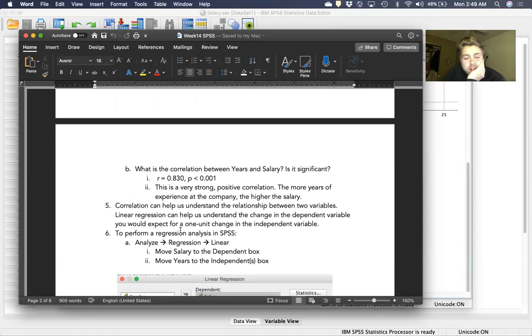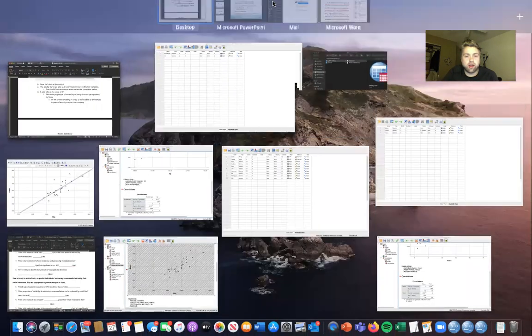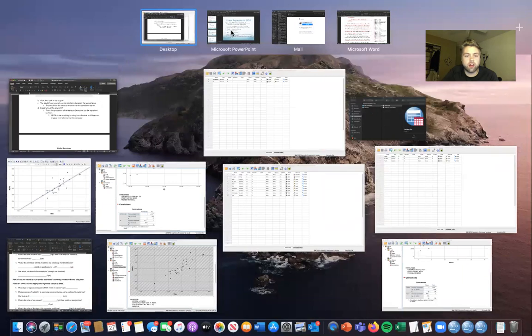It helps us understand the relation between the two variables, but if we wanted to know how much salary changes every year that you work for the company, we would need to do the regression to understand what a 1 unit change in years working for the company does for salary. So I'll do Analyze, Regression, Linear, and we'll take a look at it before we sign off.